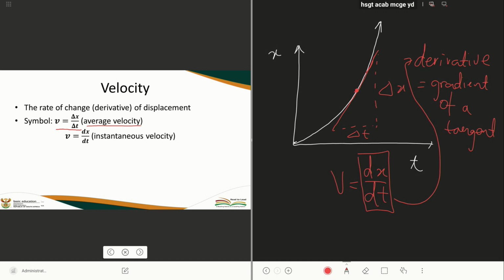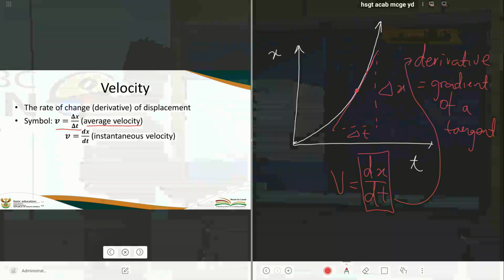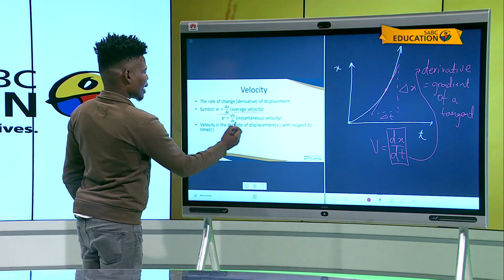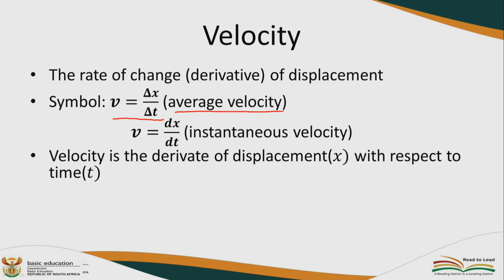That is what I have used to give this expression of the instantaneous velocity. So it tells us that velocity is the derivative of displacement with respect to time t.